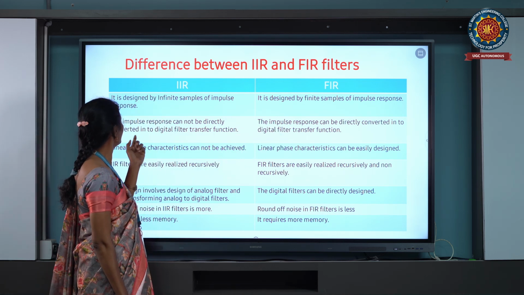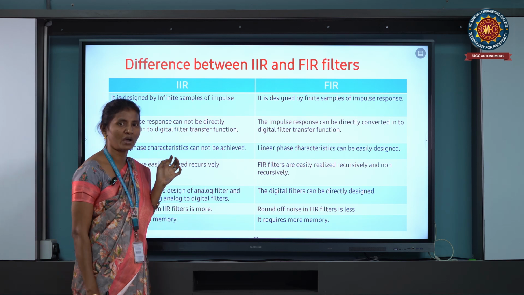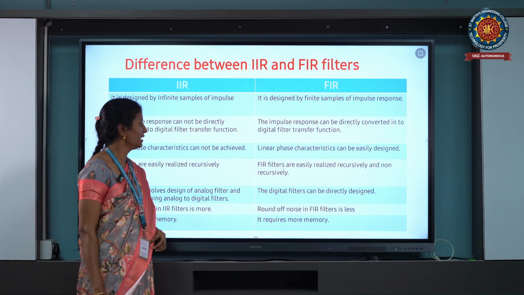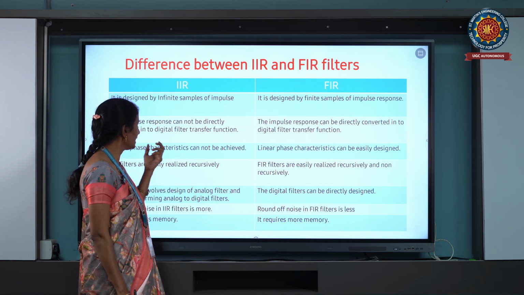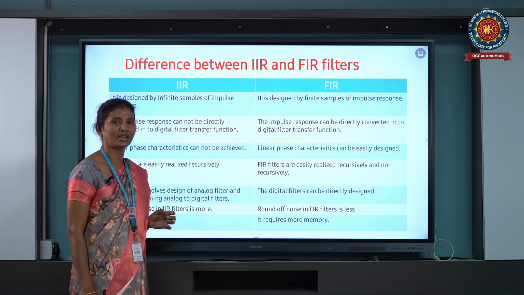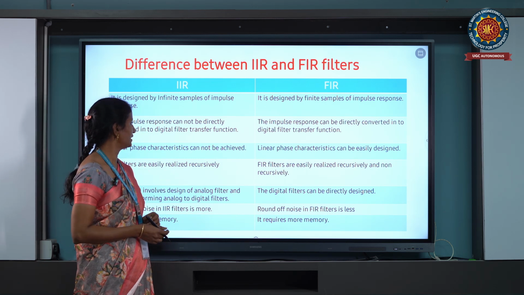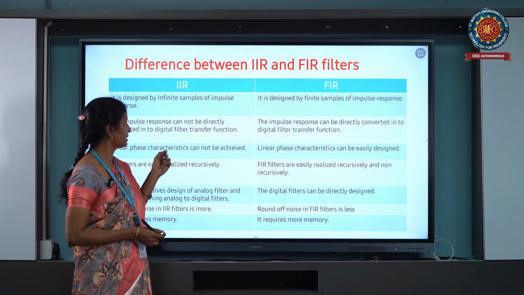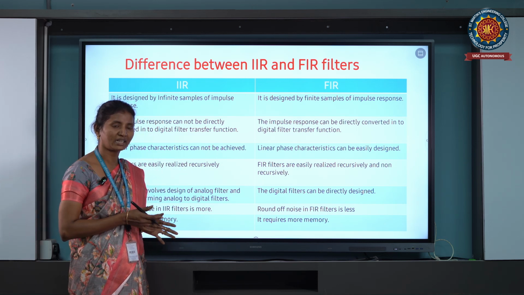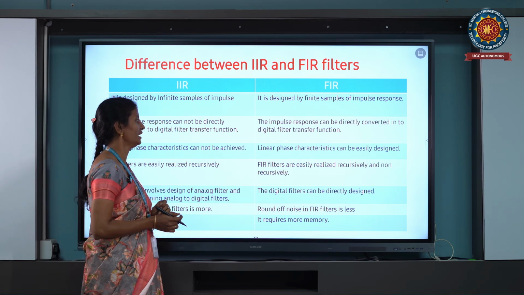The second point: in an IIR filter, the impulse response cannot be used to directly find the transfer function of the digital filter. In an FIR filter, the impulse response can be used to directly find the transfer function of the digital filter.